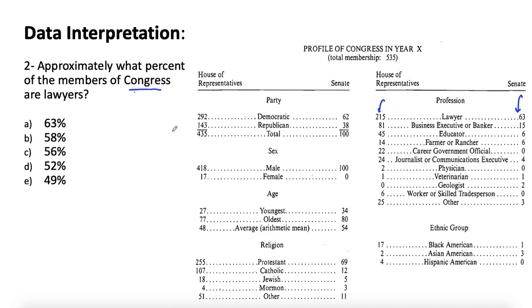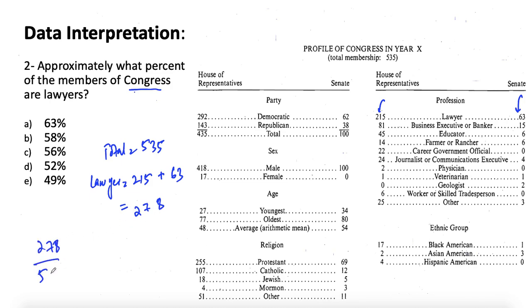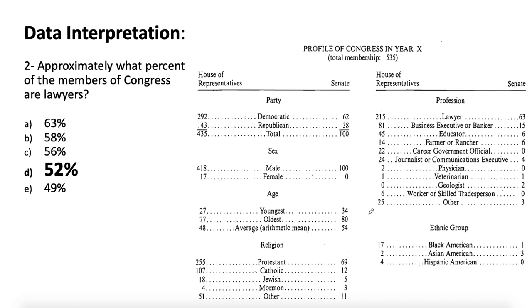So total we have 535 Congress members, and the lawyers among these are 215 plus 63, which becomes 278. This asks about the percentage out of the total, so 278 over 535 times 100, and this will give you the required answer, which will be option D, right?